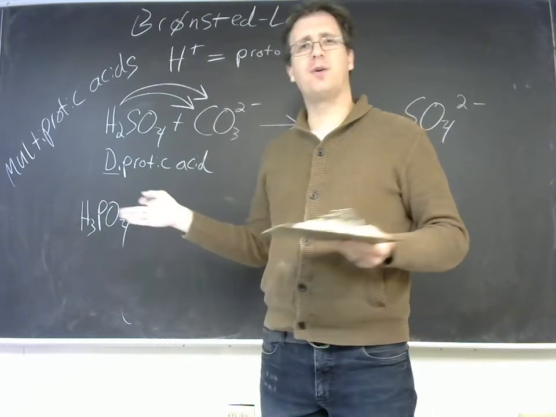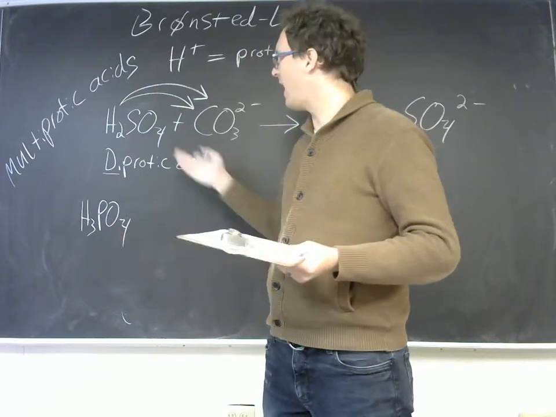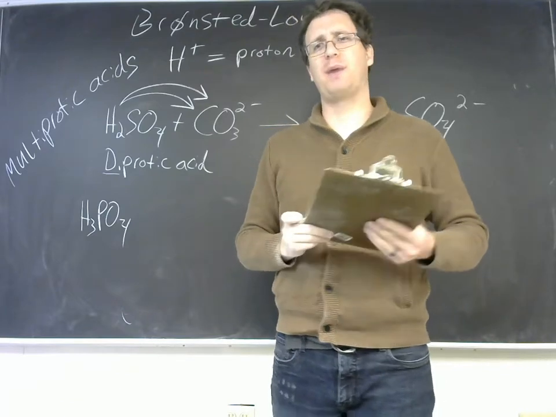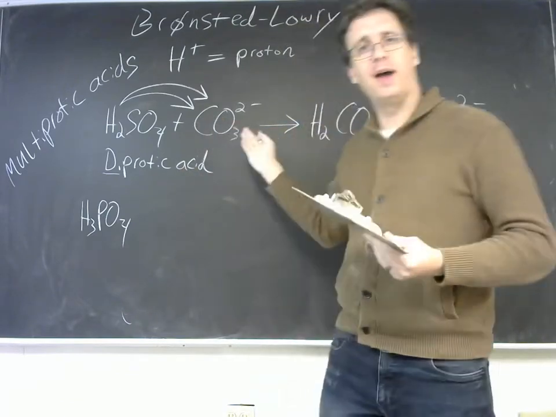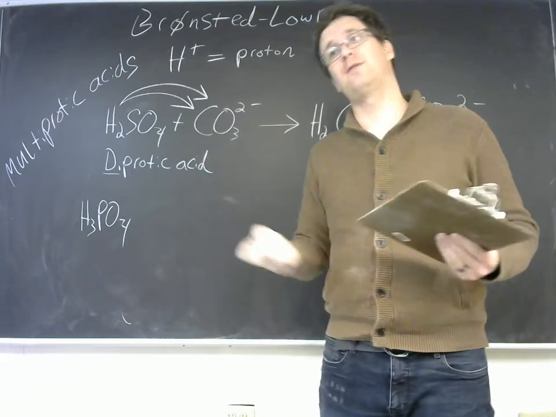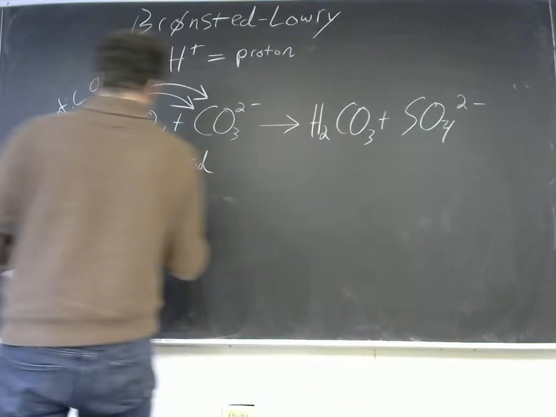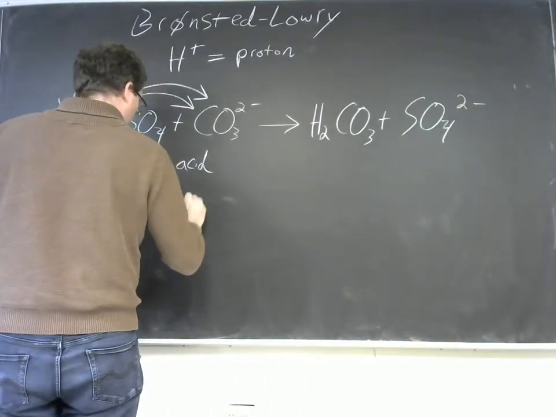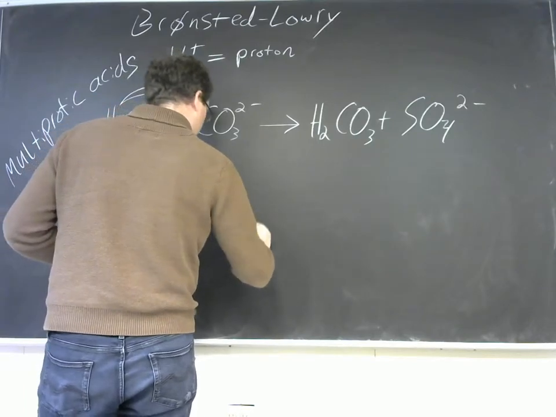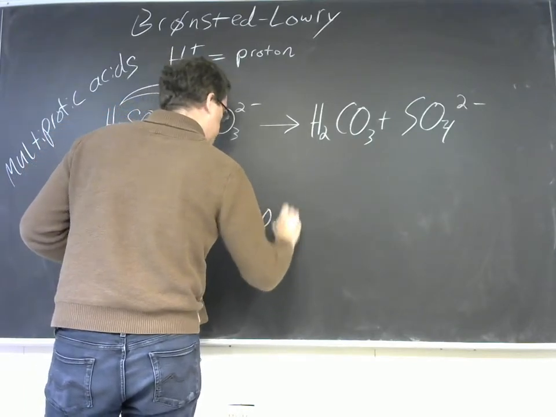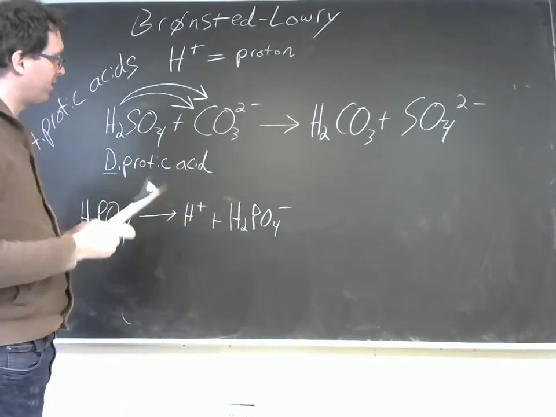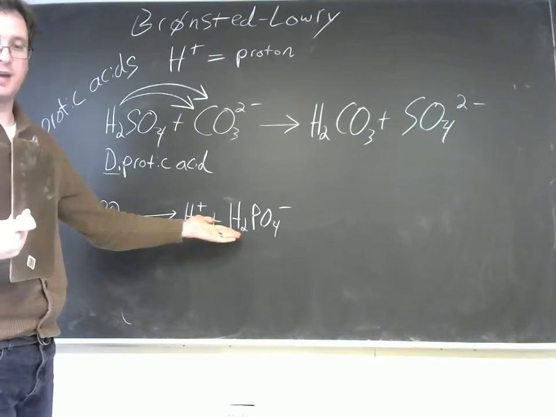When you have a multiprotic acid, it doesn't have to donate both of its hydrogens at the same time. It depends on its reaction partner and how readily that reaction partner will receive hydrogens. So you could have H3PO4 at first donate just 1 proton. Depending on who its reaction partner is, maybe it will end up being H2PO4-.